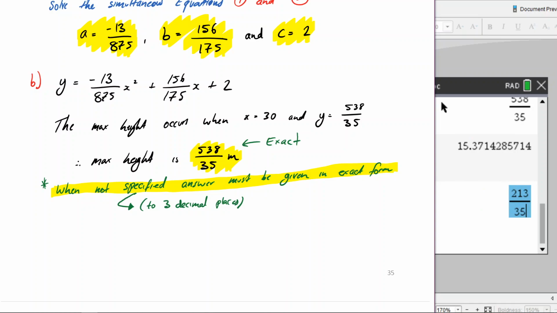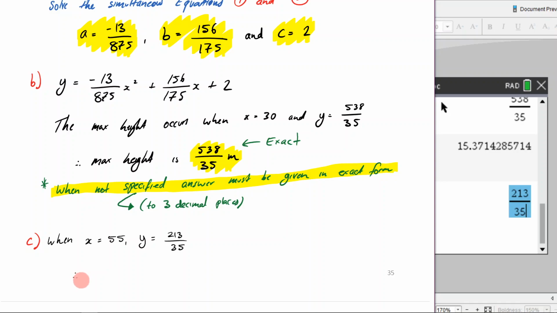So we're going to come to C now. It's important that you don't just write down your answer. If this was a 2-mark question, you'd have to write down what you've actually done here. So what could we write? We could say when x is equal to 55, y is equal to 213 on 35.